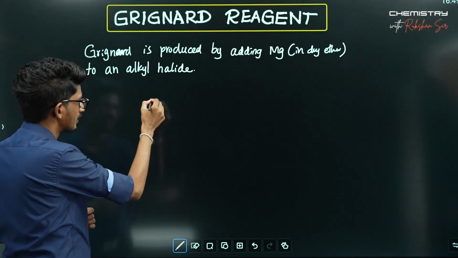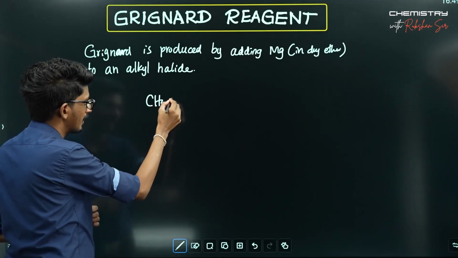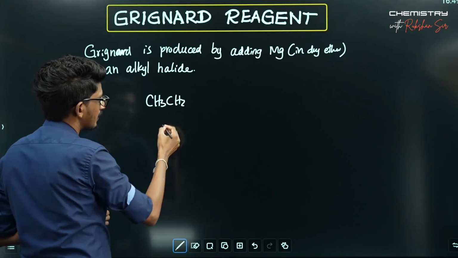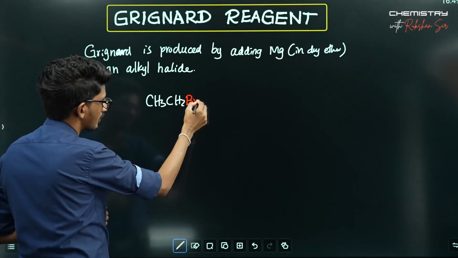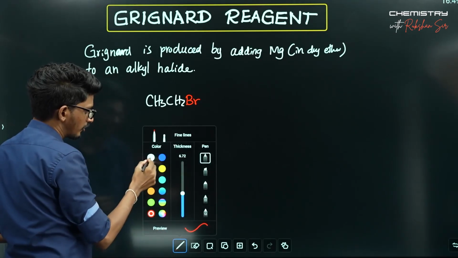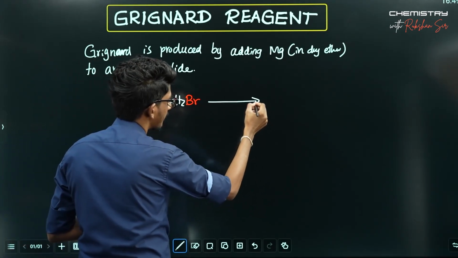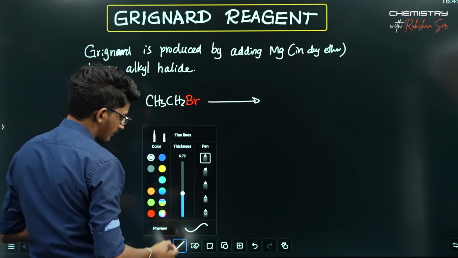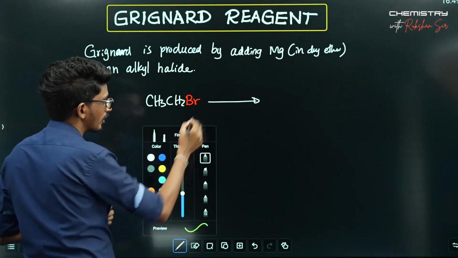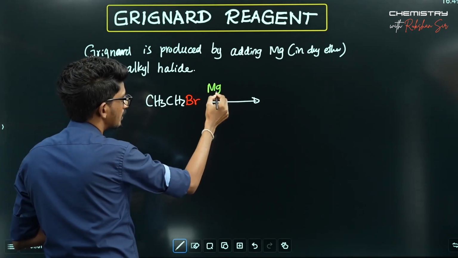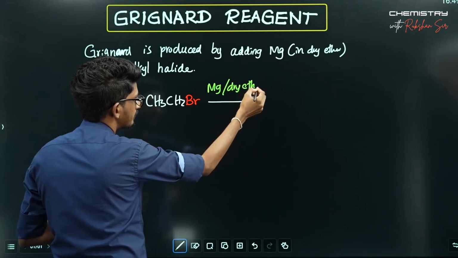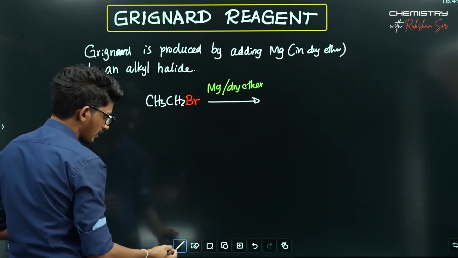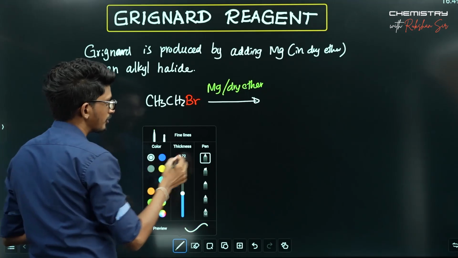So it's like this. You could come up with an alkyl halide like this. If you add magnesium in dry ether medium, you will produce the Grignard.